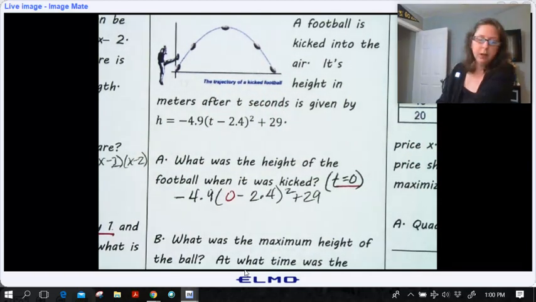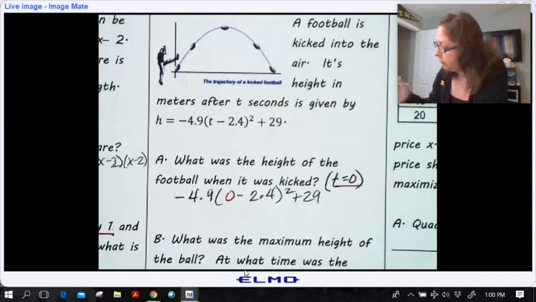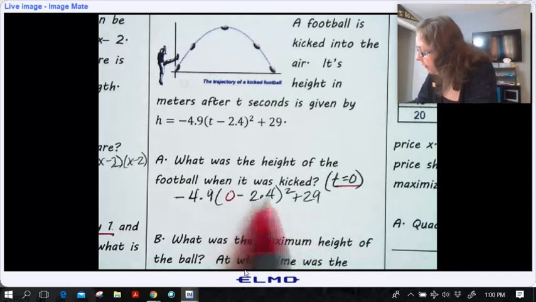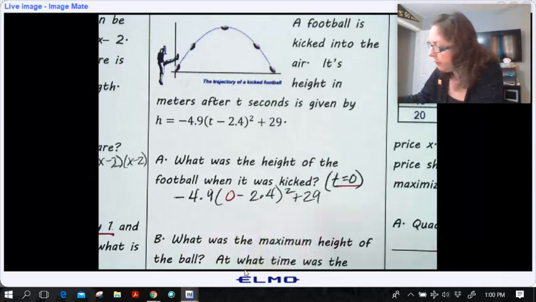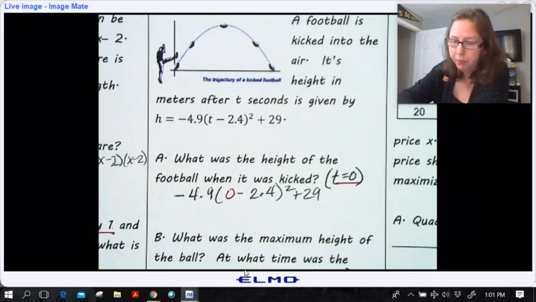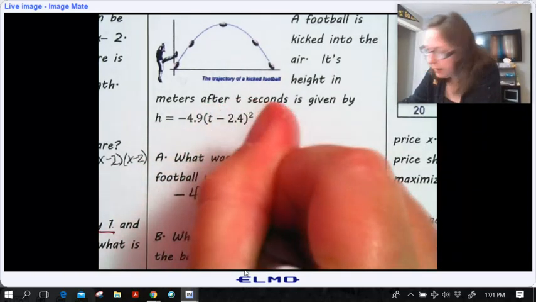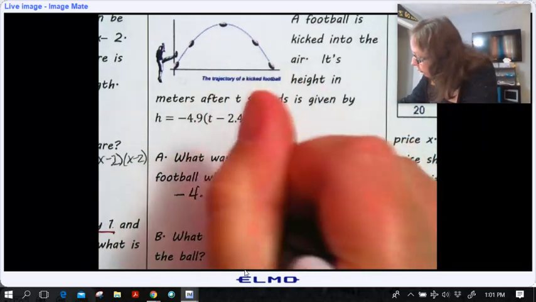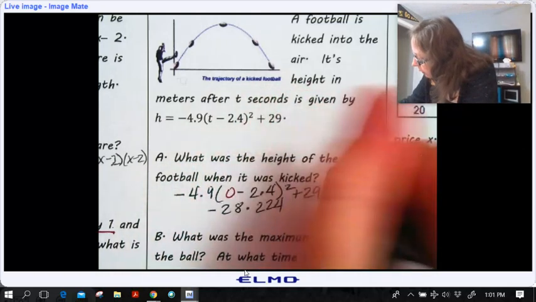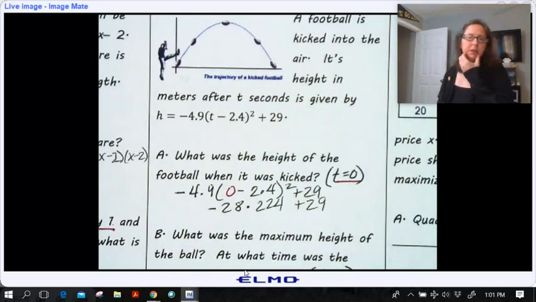Okay, and now I'm going to go ahead and simplify this using my calculator. So if I do negative 2.4 squared times negative 4.9, I'm going to get negative 28.224. I'm just using my calculator to type these in.